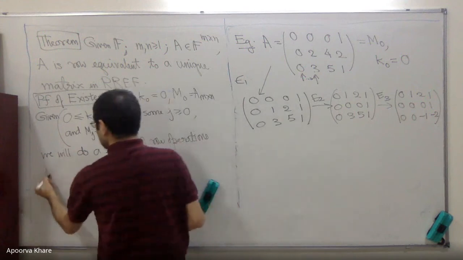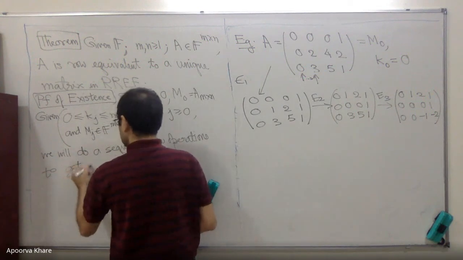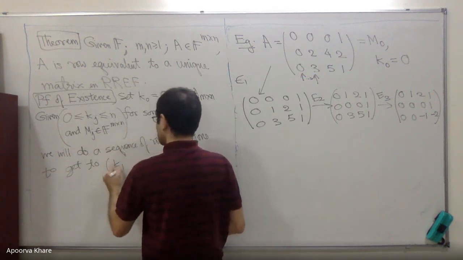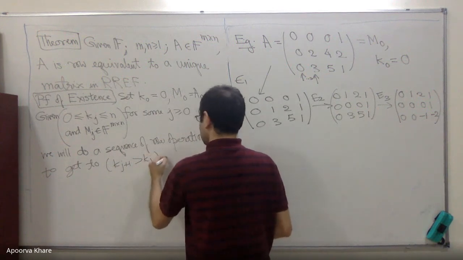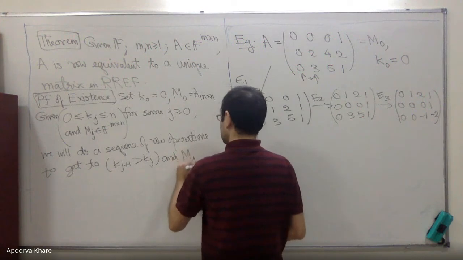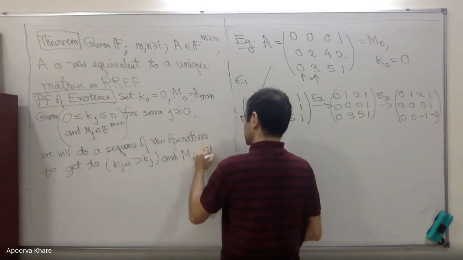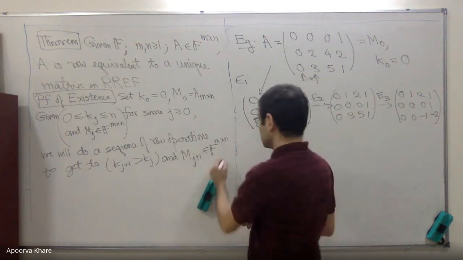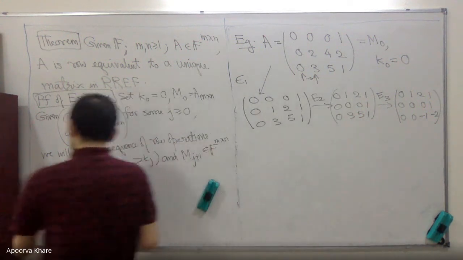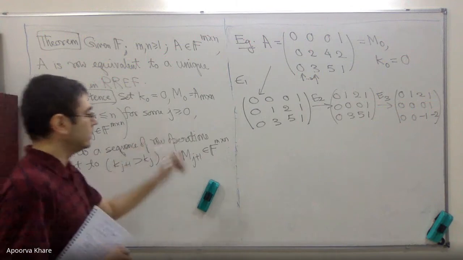to get to kj plus 1, strictly bigger than kj, and mj plus 1, a matrix, as follows. So here are the row operations. So the first row operation, as I said, is E1.